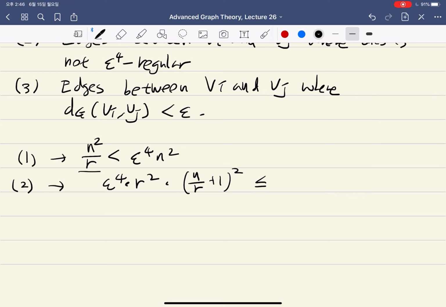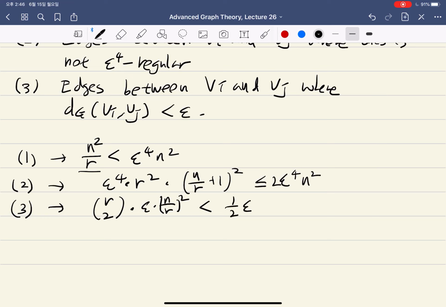Then this is at most, again, 2 times epsilon to the 4 n squared. And the third type, how many edges do we delete? There are at most R squared pairs, and in each pair you have less than epsilon times n over R squared edges. So if you compute, this is less than this many edges.